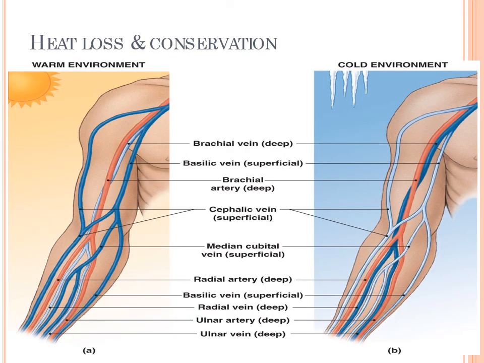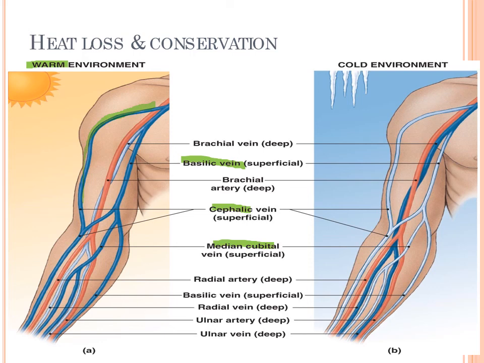I like these pictures. This shows a warm environment. Over on the left, you've got blood flowing through all of your superficial veins. So we have the cephalic vein, the basilic vein, and the median cubital vein. That's a nice review from when we did circulation.